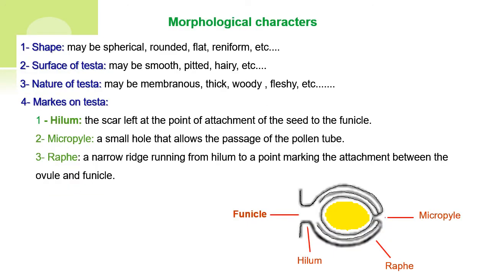From the morphological point of view, we will notice that the seed has a shape. The shape may be spherical, rounded, kidney-shaped, or renal, or reniform, maybe flattened, maybe disc shape. Different shapes of the seed exist in different plants. The outer seed coat or the surface of the seed may be smooth, may be pitted, may have a reticulated structure, and may be hairy.